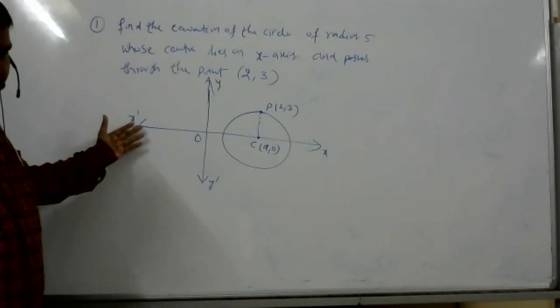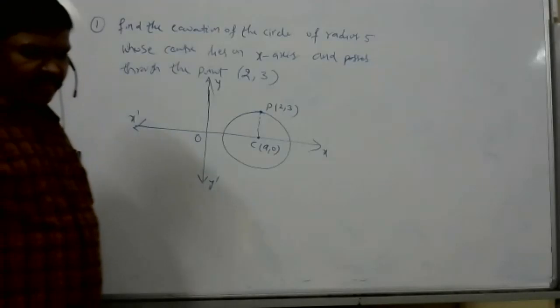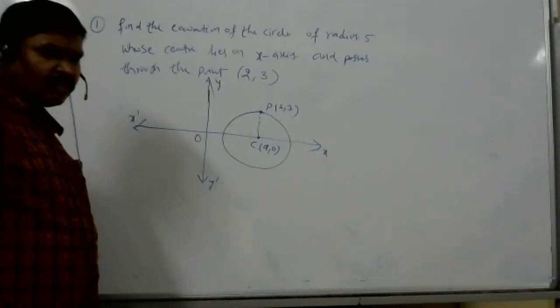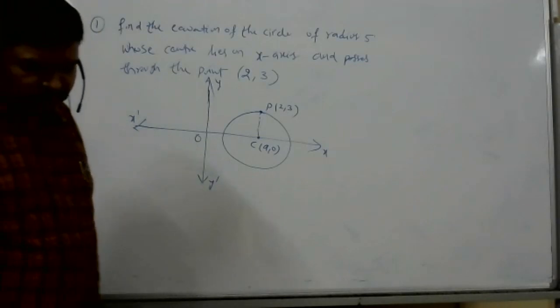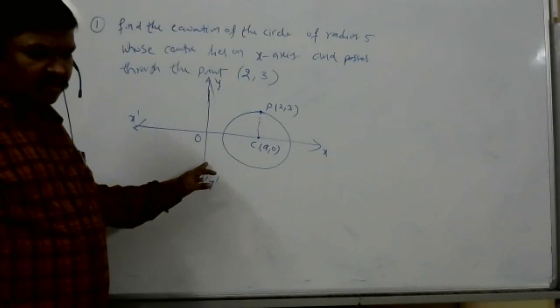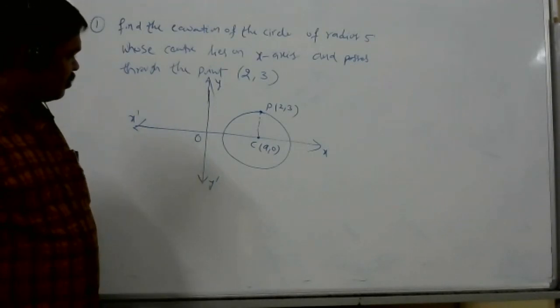Sir, point P and C can make an angle theta with the x-axis. We know that there are two possibilities of theta. So there will be two circles.